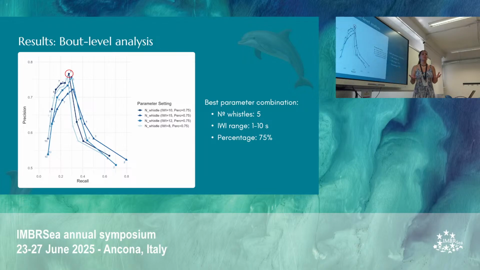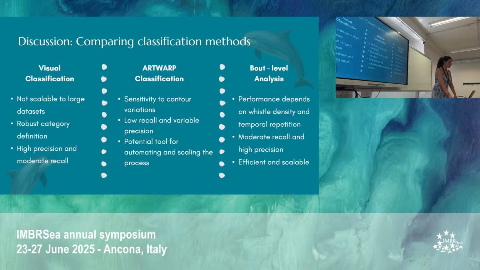We chose to sweep the minimum number of whistles because we thought that, since it's bout level and it's grouping in smaller groups, this parameter might vary the results more. So that's why we use this. In this case, the best parameters were a minimum number of whistles of 5, the inter-whistle interval range between 1 and 10 seconds, and of course the percentage threshold at 75% of the inter-whistle interval range.